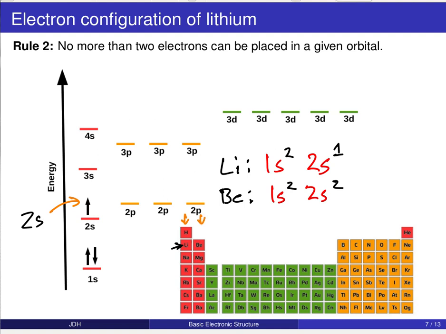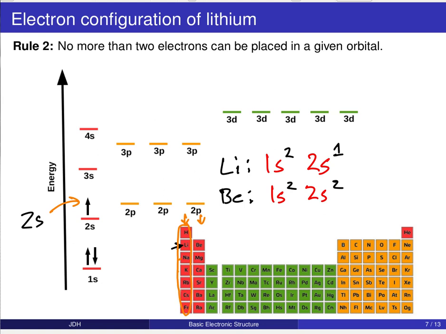So the first column of the periodic table, that whole column right here, places the highest energy electron in an s orbital, and you'll have only 1 electron in that s orbital. Then it'll be a 2s orbital, 3s orbital, 4s orbital as you go down the periodic table.